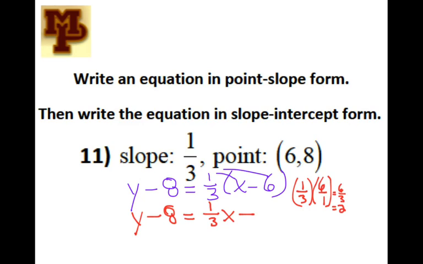So that means 1/3 times 6 is 2, so we put that in there. And then last step is to add the 8 plus 8. So y equals 1/3 x plus 6.